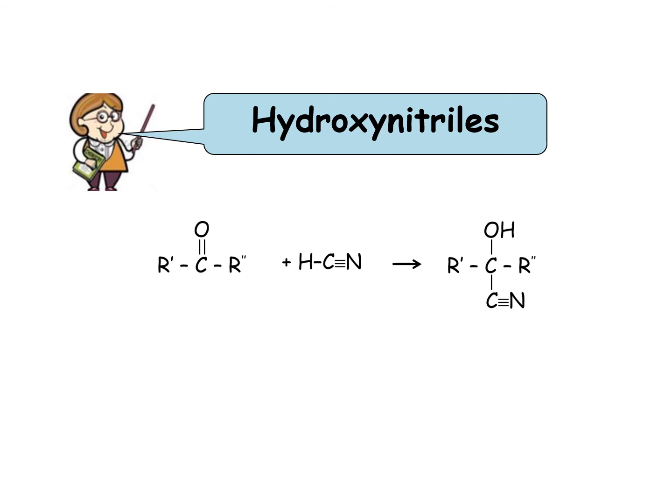Now, the next few questions just give you some practice on this equation, and you're also asked to have a go at naming them. So give it a go. It's important to note though that this carbon here is carbon number 1, because the nitrile group, think about it, gets the end of the name, so that's the more important of the 2 functional groups.